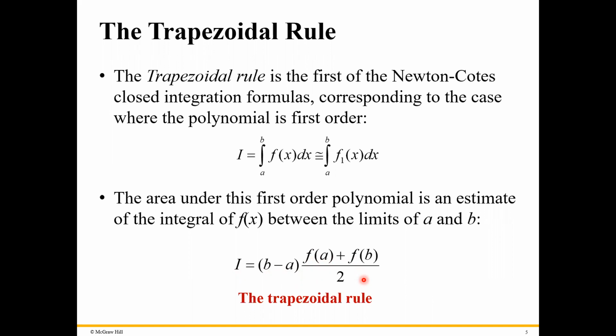For example, if f of a and f of b are the two parallel sides of the trapezoid, we can take the average of the two parallel sides and multiply by the distance between these two parallel sides. Then that is the area of the trapezoid.